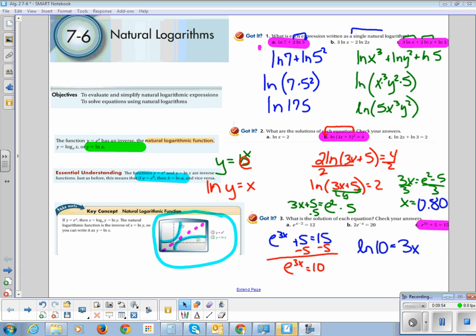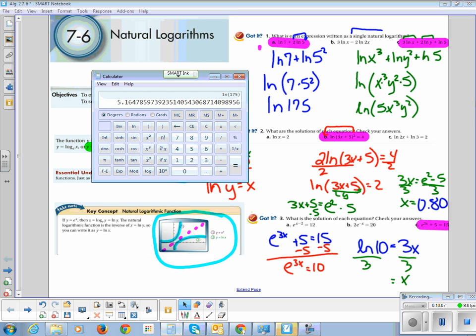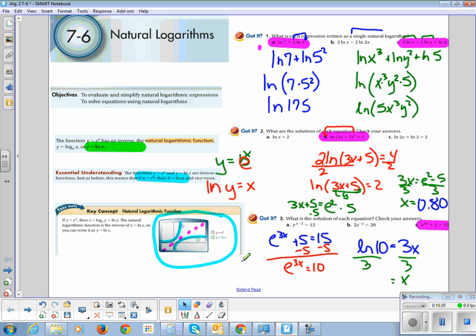So to get rid of 3 times x, I divide by 3. And x is just a number. So let me show you how I do this on my calculator to get out the numeric value. You go natural log of 10 divided by 3. 0.7675, so I'm going to round it to 0.77.